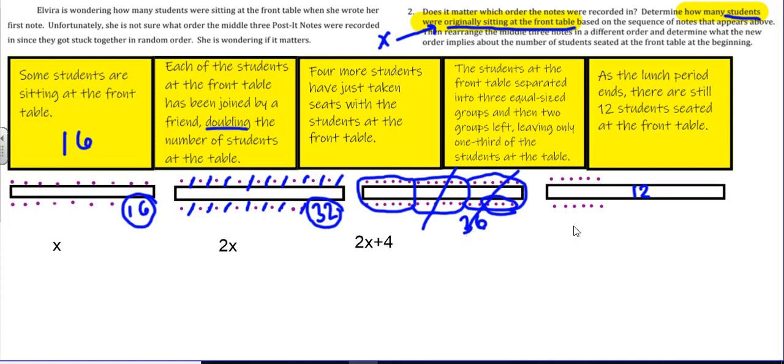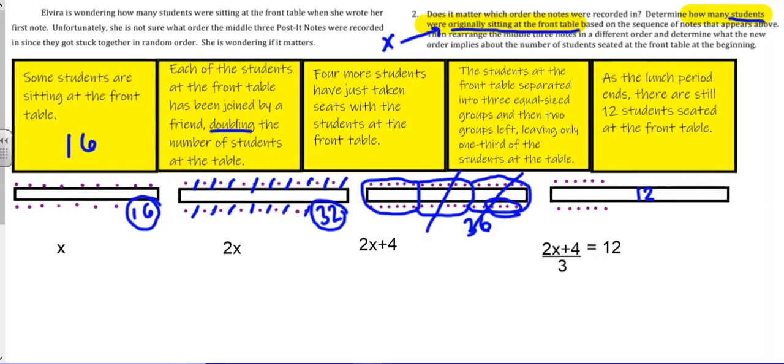And then we had to divide that by 3 because 1/3 is remaining. Since 2/3 left, 1/3 is remaining. So we want 1/3 of the number of students that we have. So that is going to be 2x plus 4, all divided by 3. And that equals 12. So let's take a look at how to solve this algebraically.